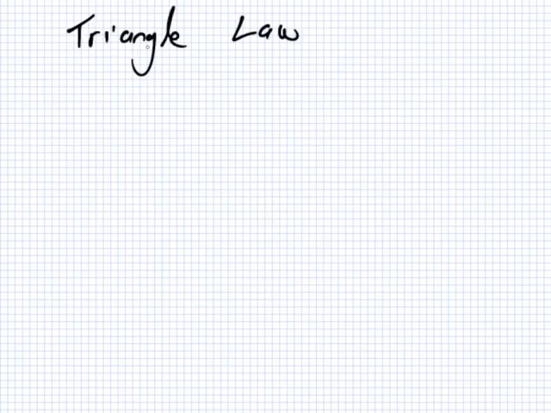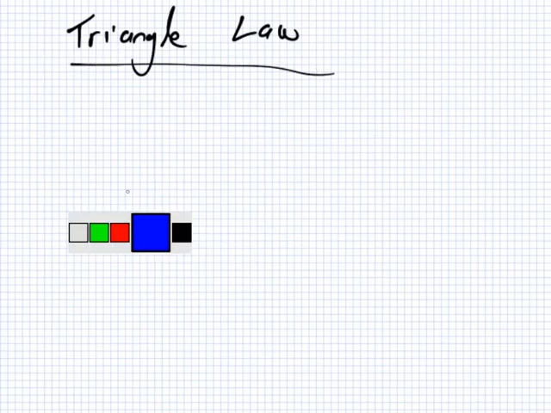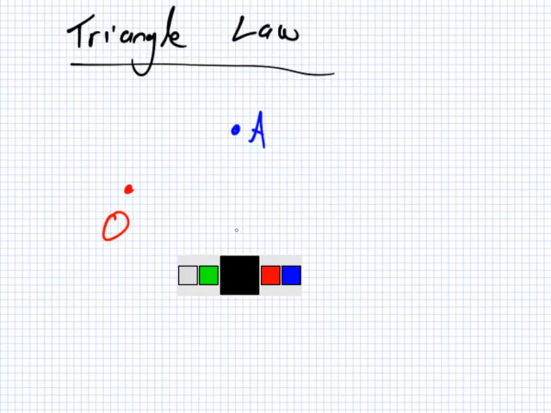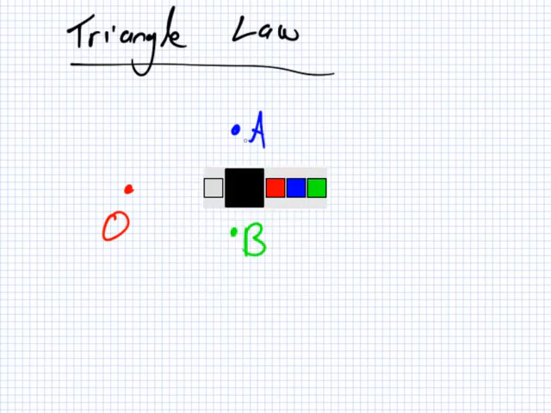Right, so there's really only one special formula for this lesson called the triangle law. Let's say here we have O, A, and B. And what is this vector here? This is AB.